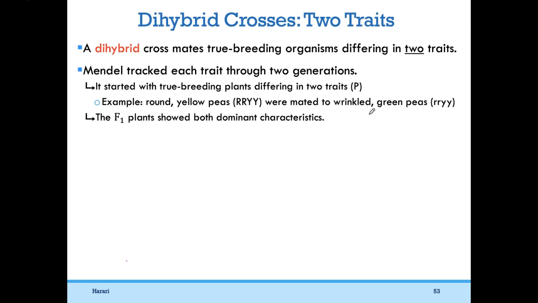These were all hybrids, of course, right? You would imagine you could just look at these genotypes, and I'll show you this in the next slide. But if you were to take this yellow round pea plant, it can only give sperm that are big R and big Y, or eggs. This can only give little r and little y.